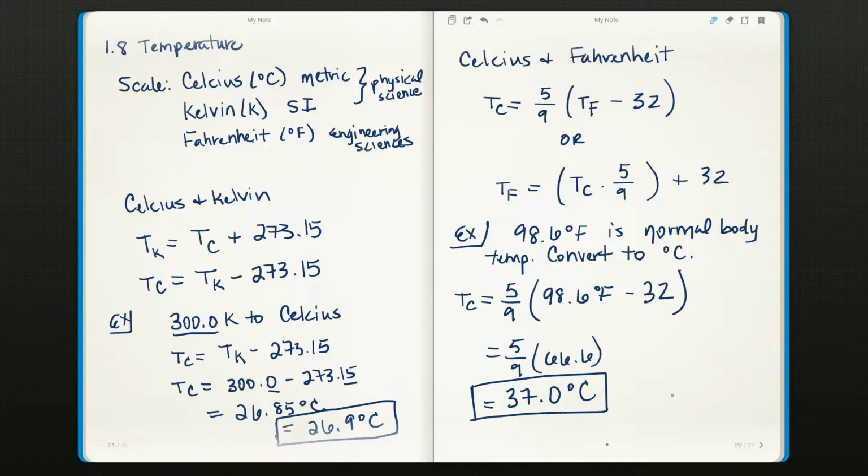So now let's say we want to convert normal body temperature from Celsius to Kelvin. So we're going to convert to Kelvin now. So our formula, again, temperature in Kelvin equals temperature in degrees C plus 273.15.